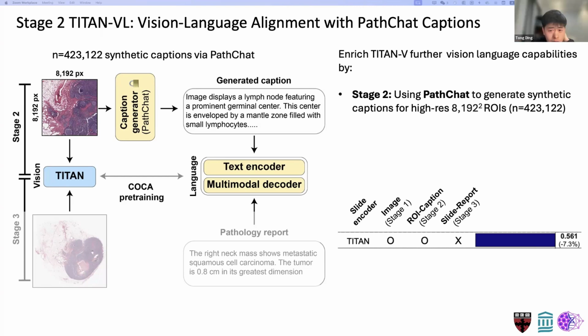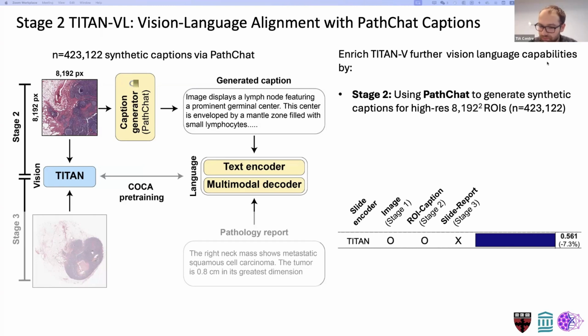My question is regarding using outputs from PathChat at the ROI level. I know you've got the pathology report level actual ground truth. Then you're using a combination of the pathology report and these ROIs with PathChat to get the ROI ground truth.